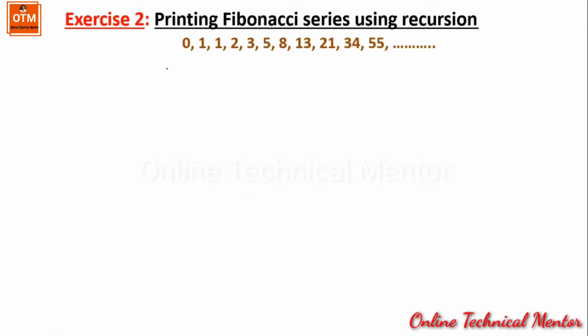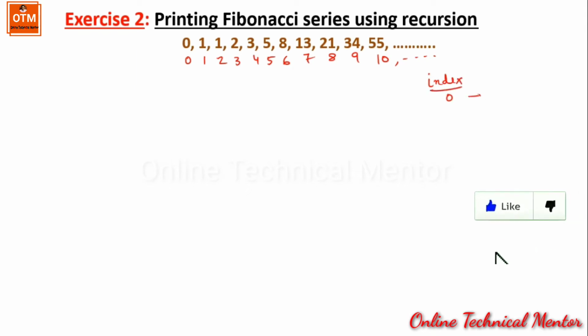So first of all, let me index this series as 0, 1, 2, 3, 4, 5, 6, 7, 8, 9, 10, and so on. So this is the index of each and every Fibonacci term. Let me write it down like this. When the index is 0, we need to call a function with the value 0. At index 1, it will call a function with the value 1.